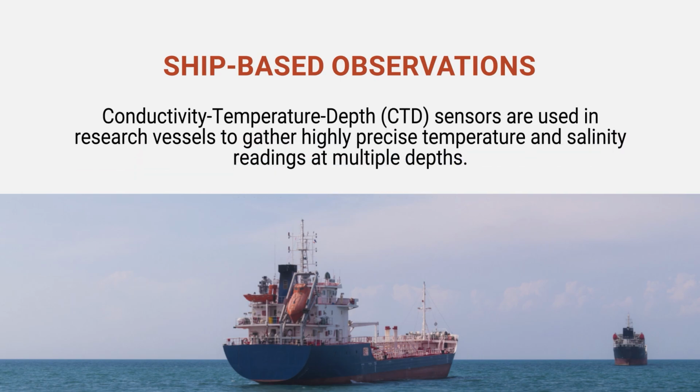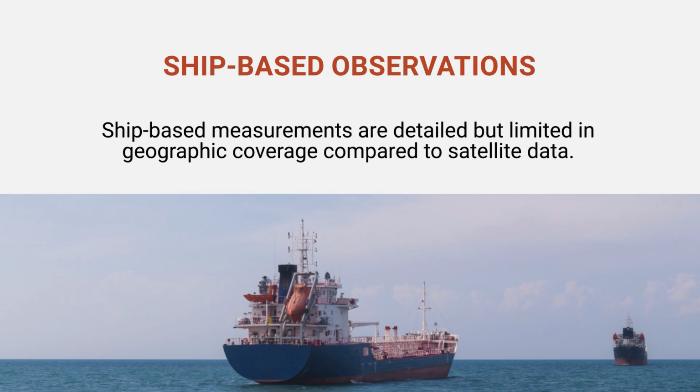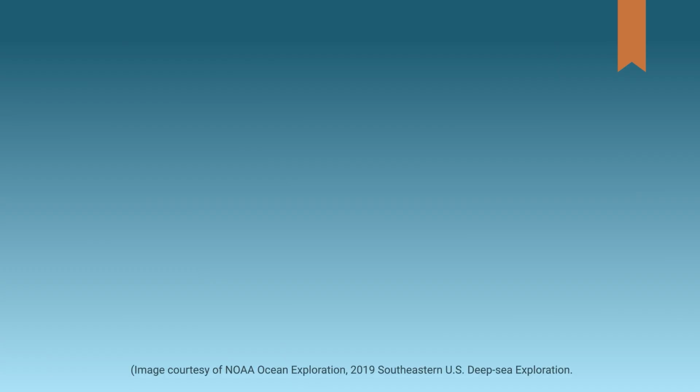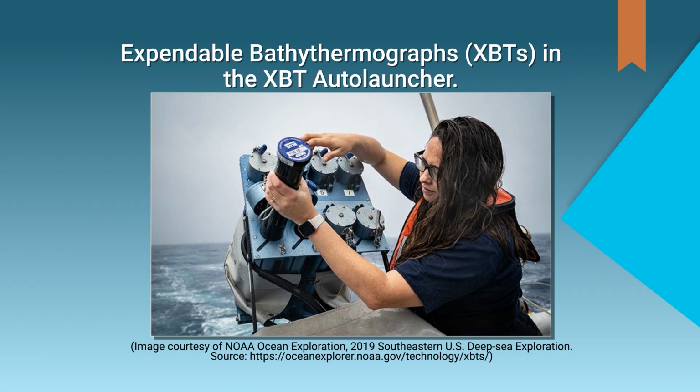Conductivity, temperature, depth, CTD sensors, are used in research vessels to gather highly precise temperature and salinity readings at multiple depths. These ship-based measurements are detailed but limited in geographic coverage compared to satellite data. This figure shows the expendable bathythermograph, XBT, auto launcher.